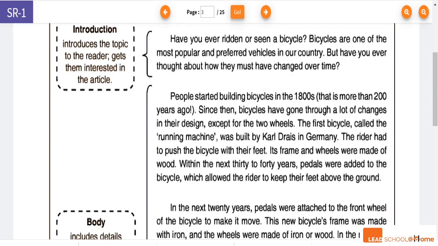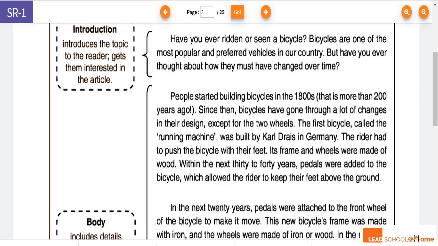That is more than 200 years ago. Since then, bicycles have gone through a lot of changes in their design except for the two wheels.